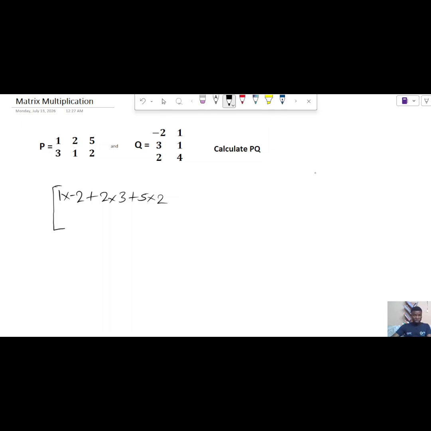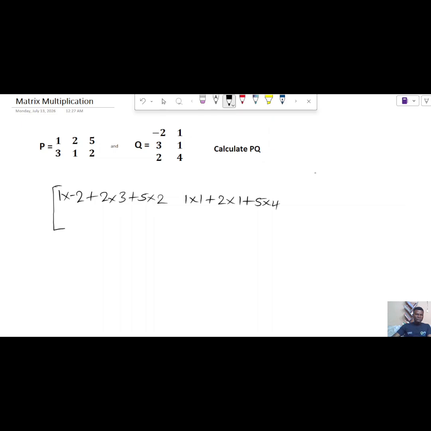Then come over to this side, multiplying the second column. We have 1 times 1 plus 2 times 1. Then plus 5 times 4. Right?